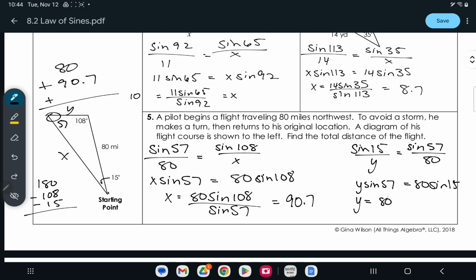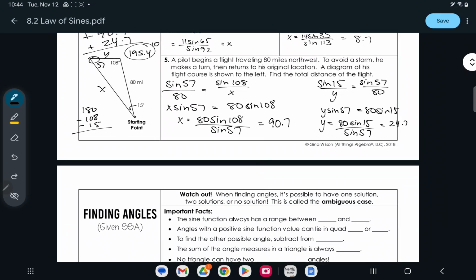So y is 80 sine 15 divided by sine of 57, which is 24.7. So add that together and we get 195.4.